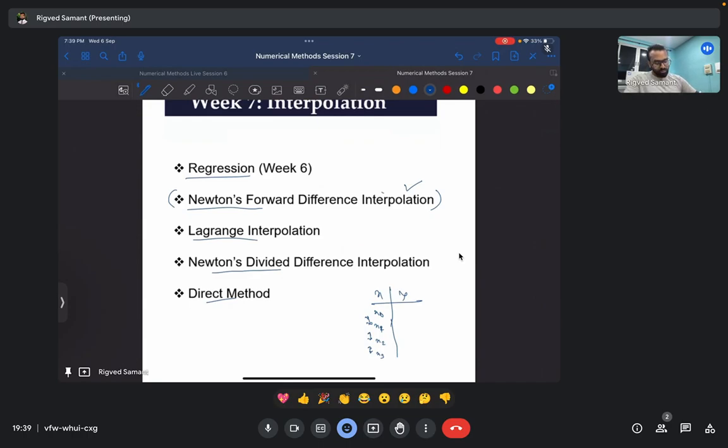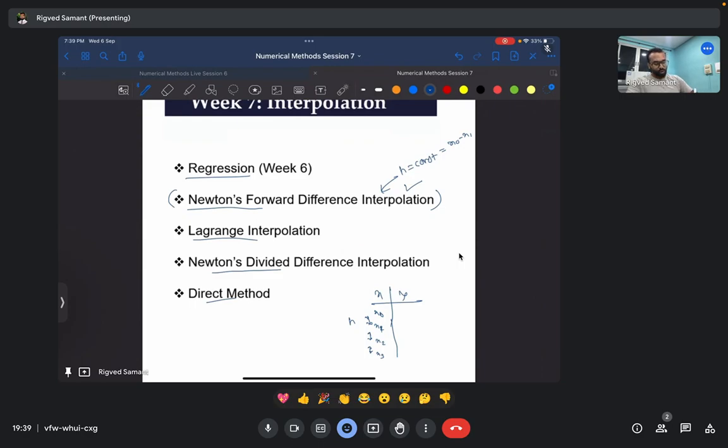This method only works when the difference, that is h, is constant. h is x1 minus x0, that's it. If you have a constant difference between the x values, then you can use Newton's forward difference interpolation.